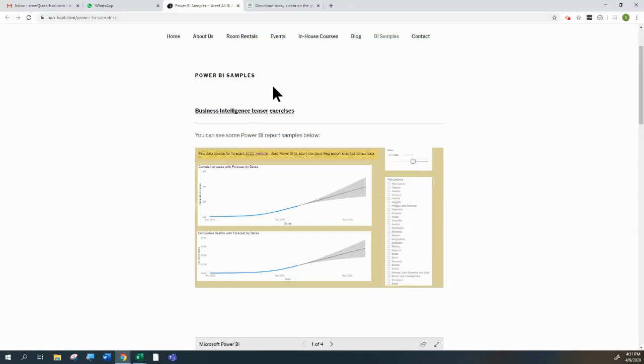Hi guys, I wanted to talk a little bit about forecasting COVID-19 and looking at the COVID-19 data in terms of cases and deaths and looking at the trends in that data.